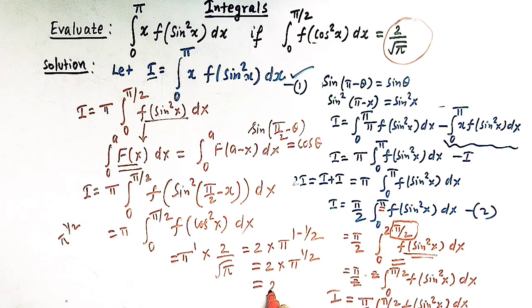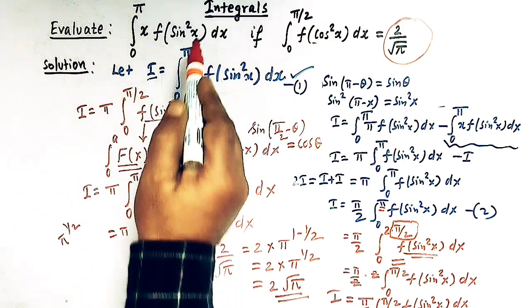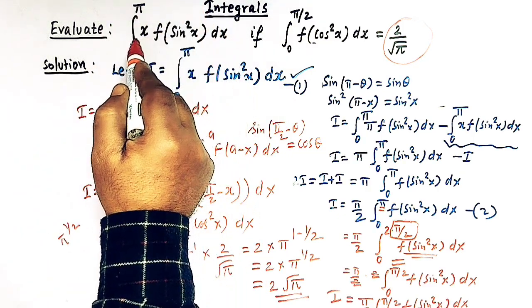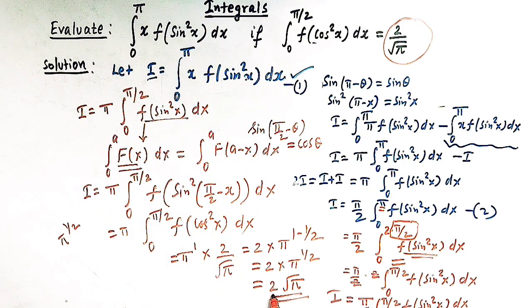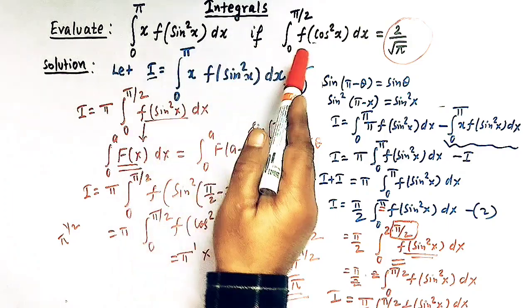So we have 2 times square root of pi, right? So the value of this integral I is equal to 2 times square root of pi. So viewers, this is how by the application of the properties of definite integrals we can easily solve these kind of problems.